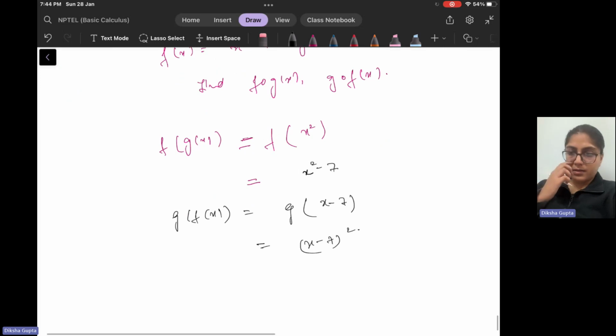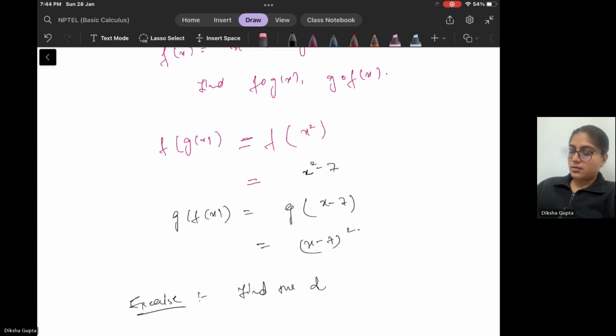Now your exercise is, so you see that f of g is not always equal to g of f. So now exercise, find the domain. So you see that for f of g to be defined, the range of g must be contained in the domain of f. Then only this will make sense, right?